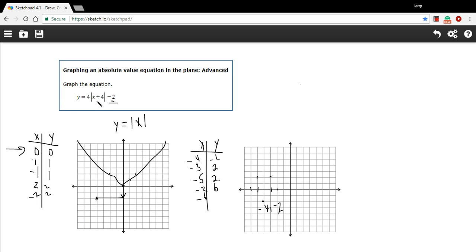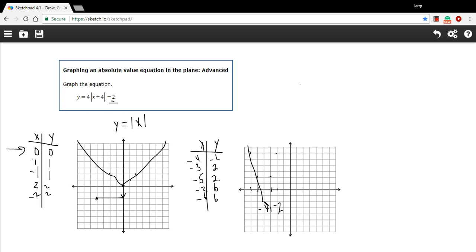Absolute value of that is a positive 2, times 4 is 8, minus 2 is 6. Awesome. All right, so let's plot those. -2, 6. And -6, 6.